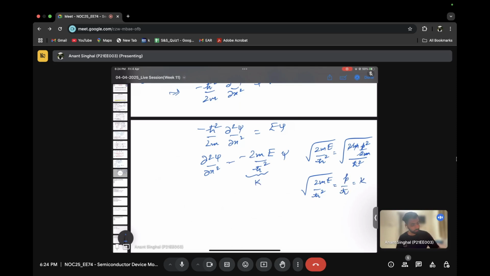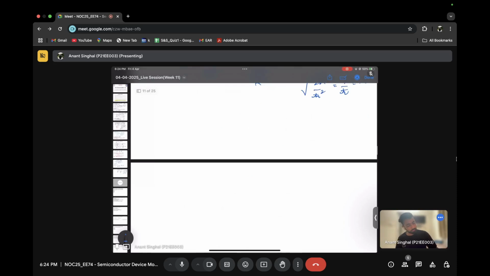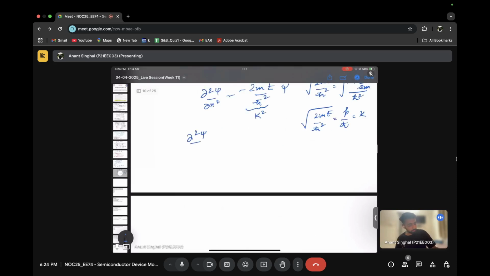So this term is basically k squared, and to simplify the equation I'm writing it like that. So d2 psi by dx2 is minus k squared psi. This is a basic differential equation that can be solved.